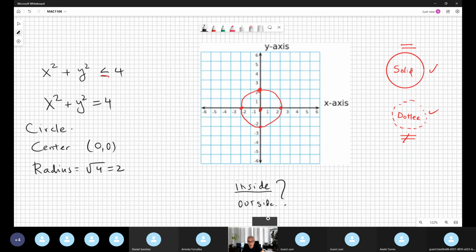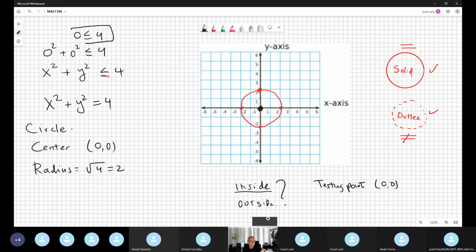Remember, you can always use a testing point, and the classic testing point is 0, 0. When I test this point and the statement is true, then you shade that part. When the test is false, then it is outside. But with 0, 0 it is obvious: 0 squared plus 0 squared is less than or equal to 4. 0 is less than or equal to 4.